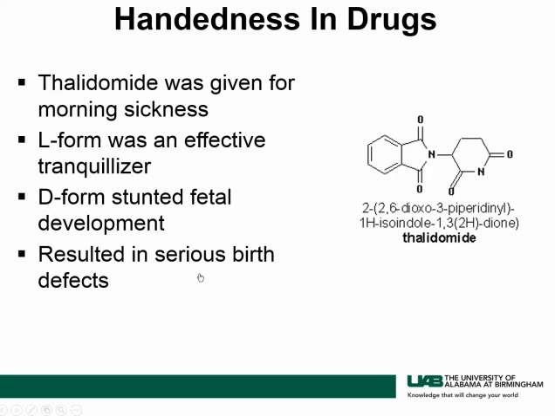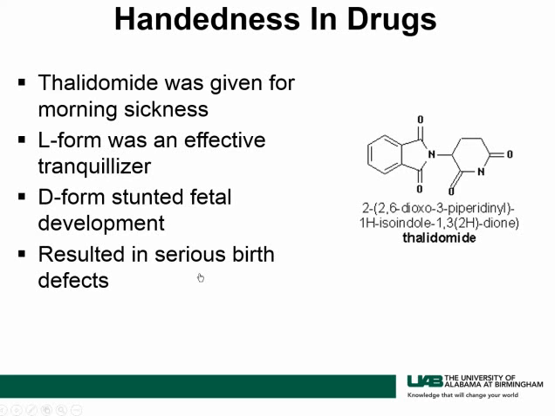It turns out that the L form of the drug could be used as a tranquilizer to calm down morning sickness in pregnant women. The D form, on the other hand, stunted fetal development. That's the one that caused the problem.